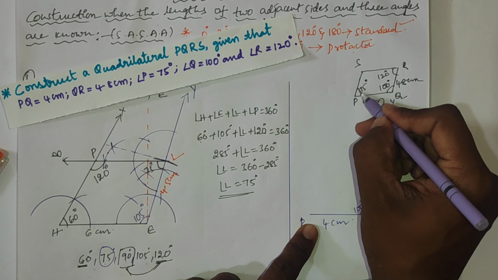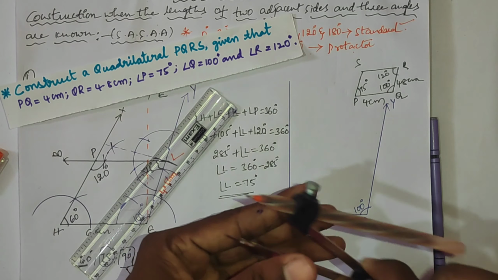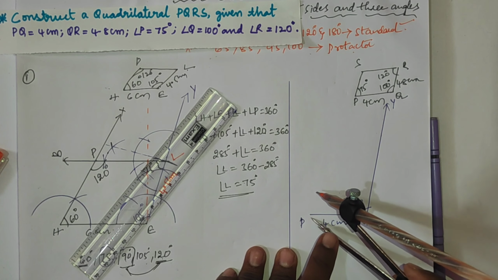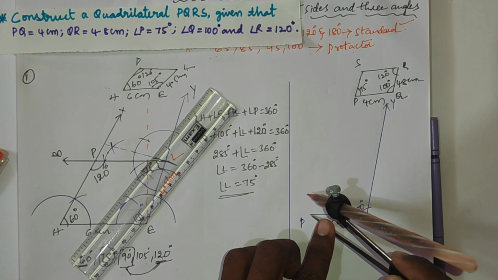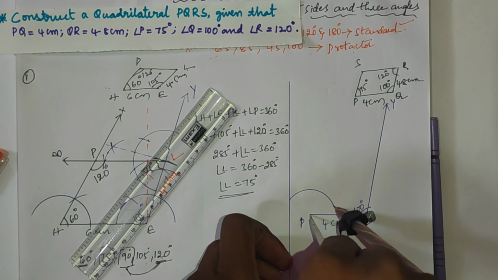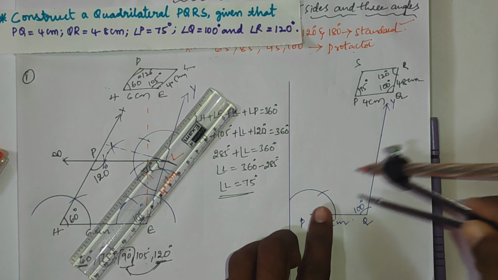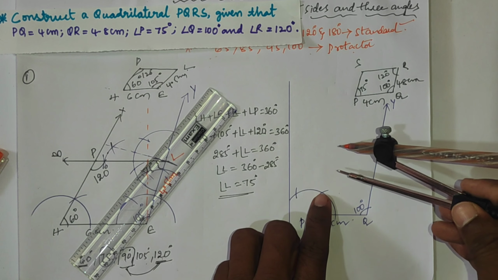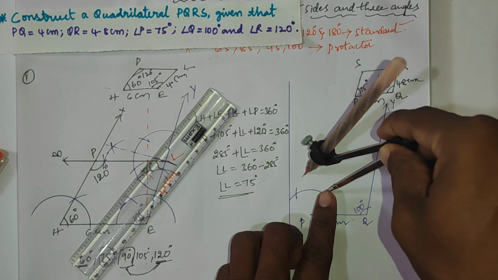Now at P, what is the angle here? 75 degrees, right? So now we have to construct 75 degrees with the compass. First take P as center, draw an arc. This becomes 60. If you double 60, it becomes 120. In between 60 and 120, what will lie? 90 first. So we have to construct 90 degrees first.